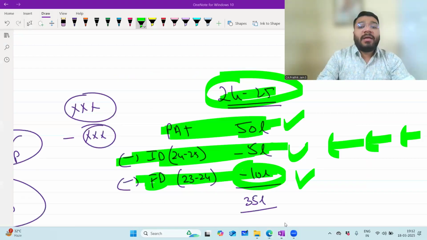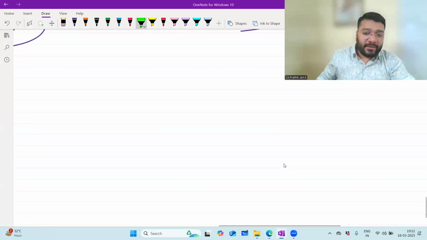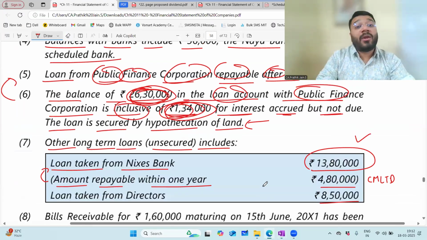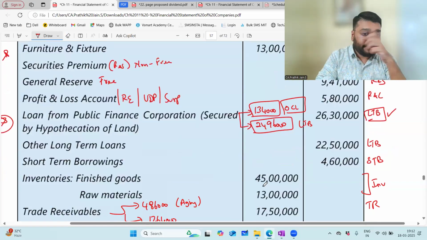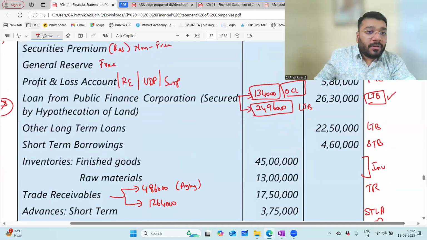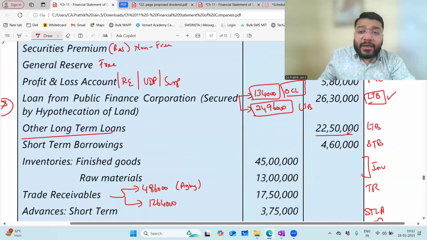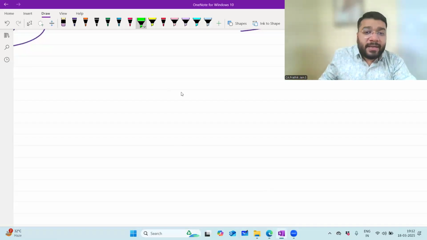Now what do I do? I'll come to the whiteboard. I'll draw one chart here. So you have to tell me what is the total long-term loan unsecured. Other long-term loan, 22 lakh 50,000 rupees is the total value.